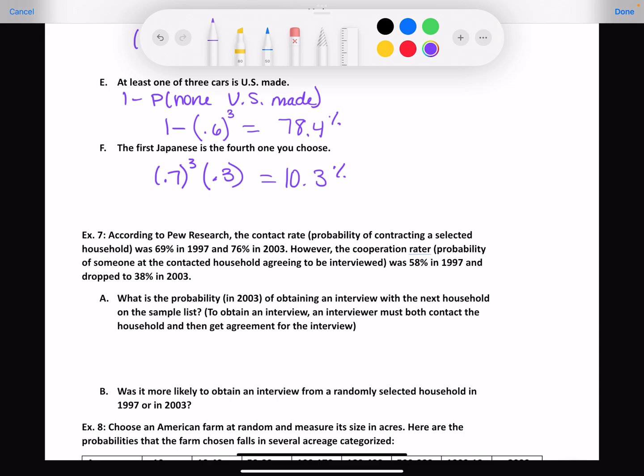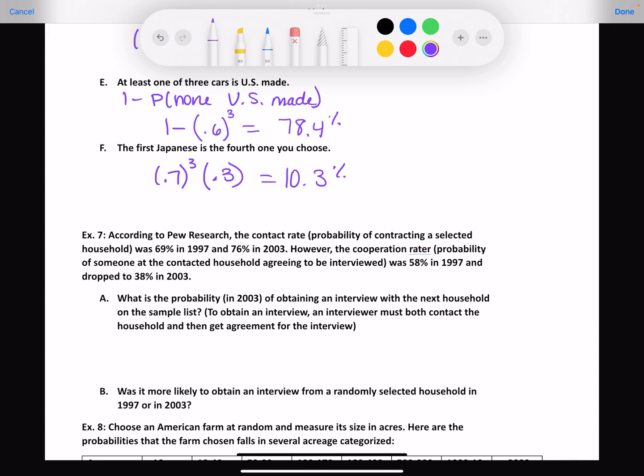However, the cooperation rate, the probability of someone at the contacted household agreeing to be interviewed, was 58% in 1997 and dropped to 38% in 2003. What is the probability in 2003 of obtaining an interview with the next household on the sample list?